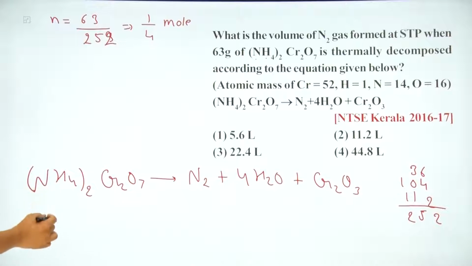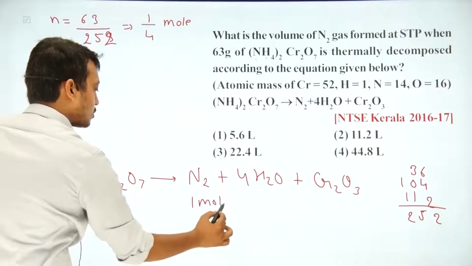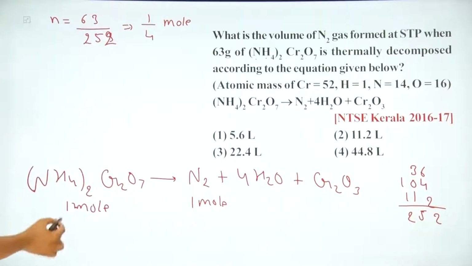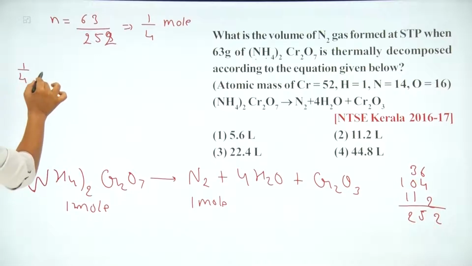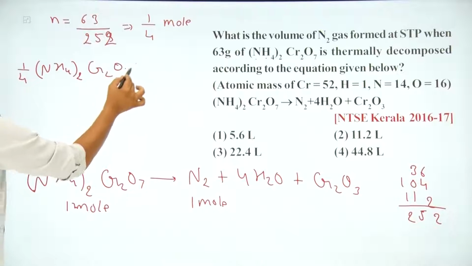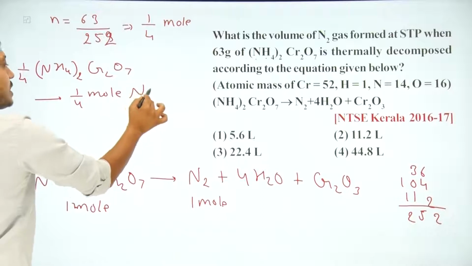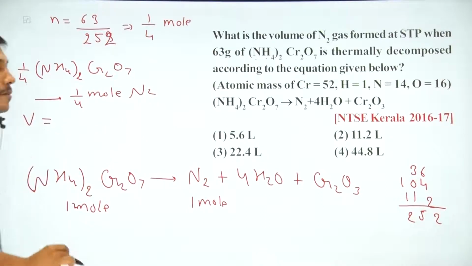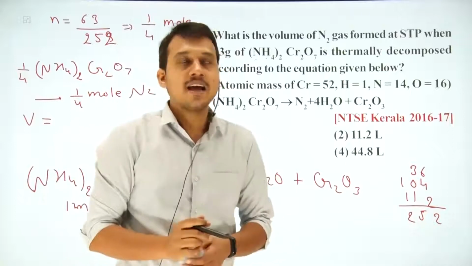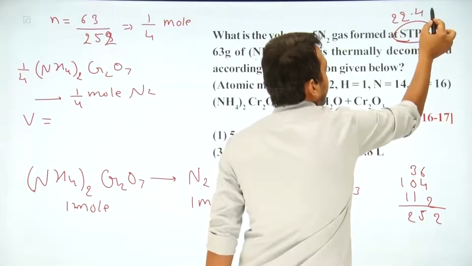Now use the stoichiometric concept. The 1 mole of this ammonium dichromate will produce how many moles of nitrogen? 1 mole of nitrogen gas. So definitely when we use 1 by 4 mole of (NH4)2Cr2O7, it will produce 1 by 4 mole of nitrogen gas, and we all know that 1 mole of any gas at STP condition contains 22.4 liter.